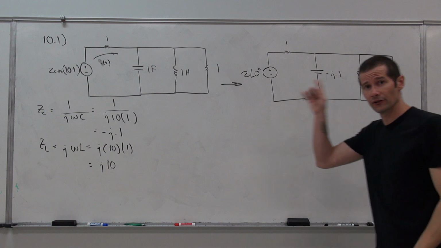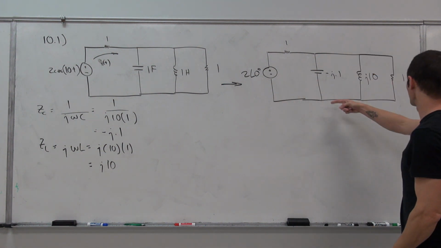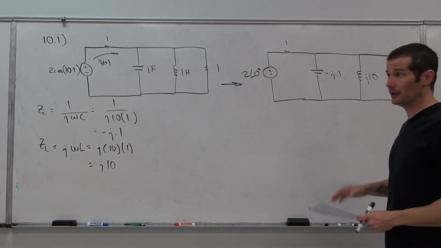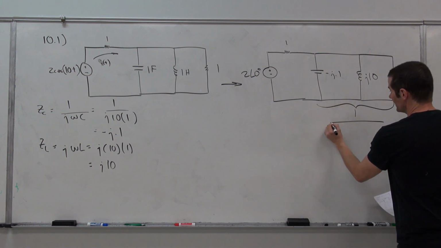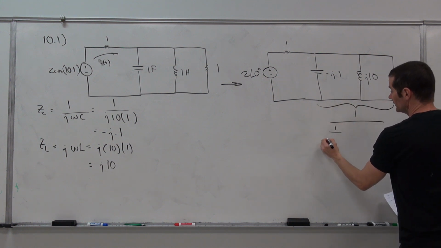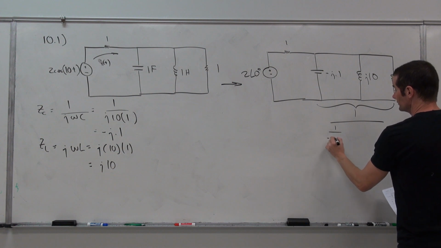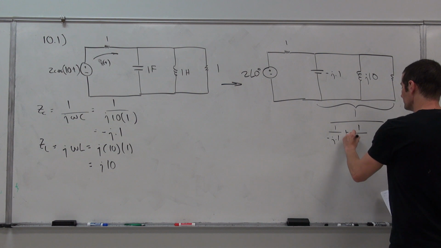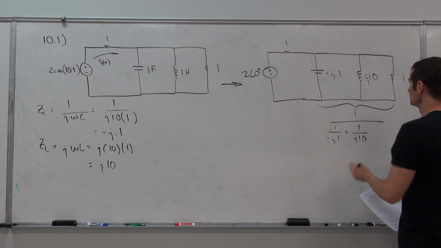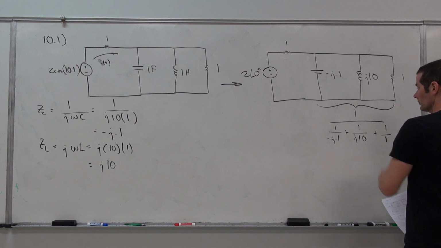So if we want to find that source current, all we have to do is just combine these together in parallel. So just as before, punch it in our calculator: 1 over negative j0.1, plus 1 over j10, and then plus 1 over 1.